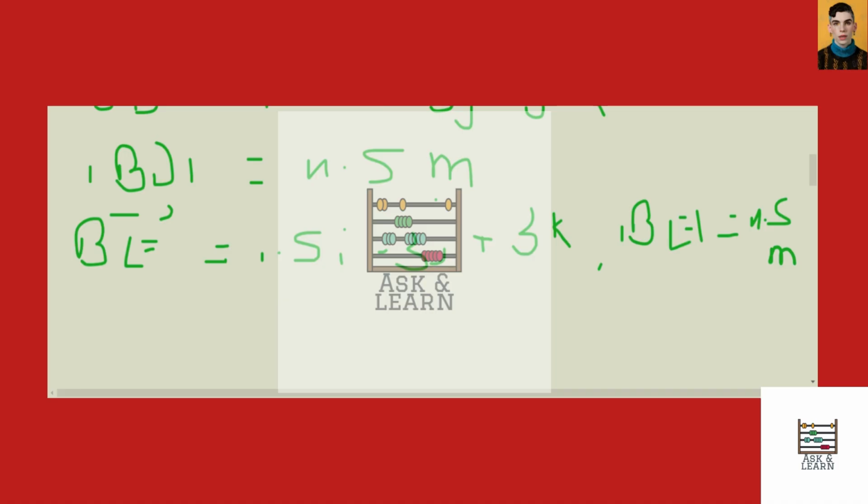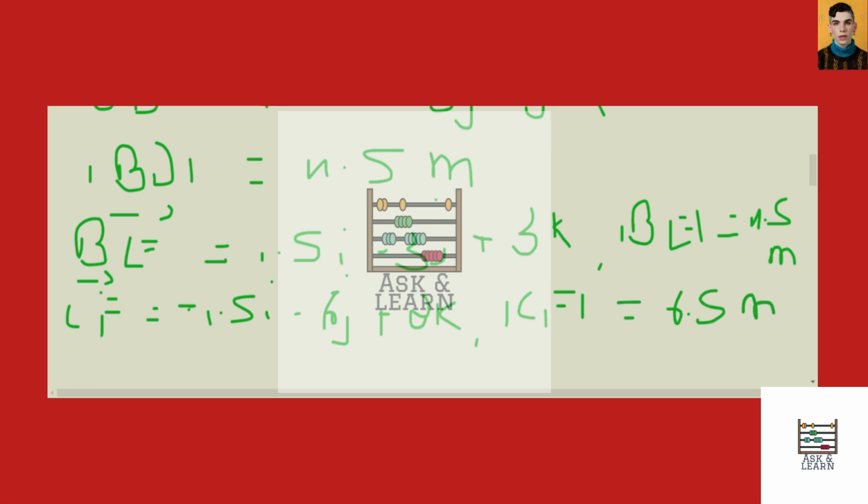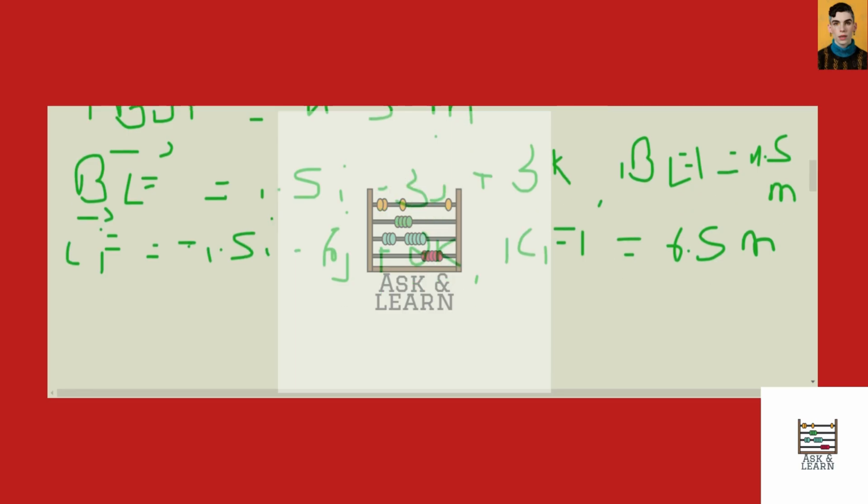Now the next, line CF is equal to minus 1.5I minus 6J plus 2K, and magnitude of CF will be equivalent to 6.5 meter. Now we can find TBD.